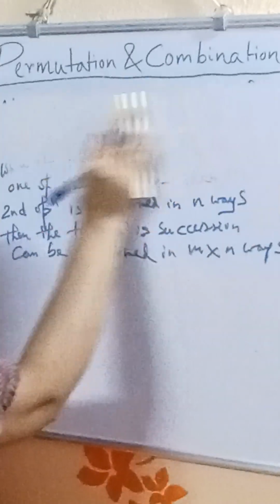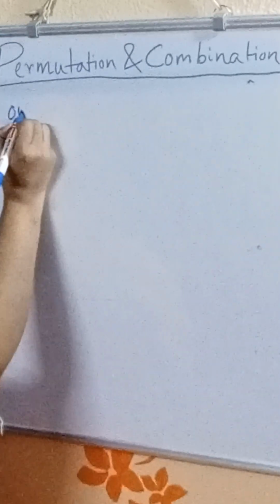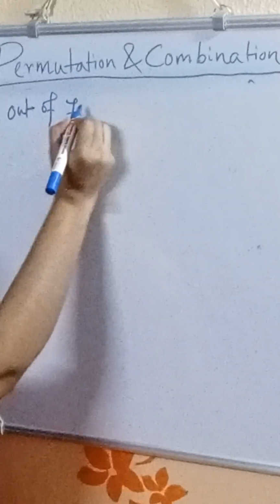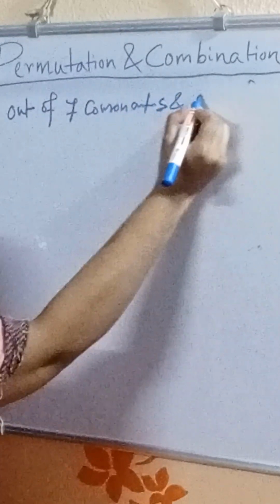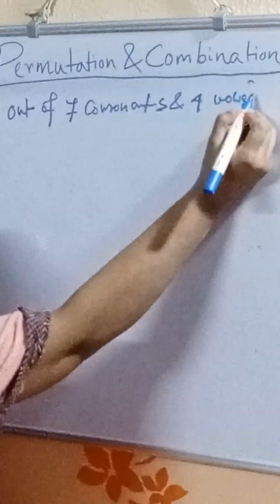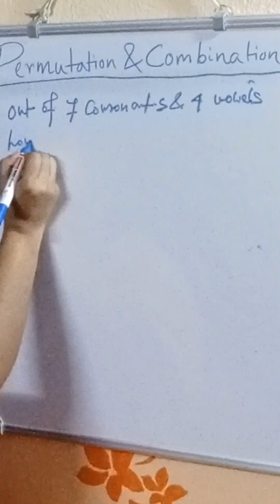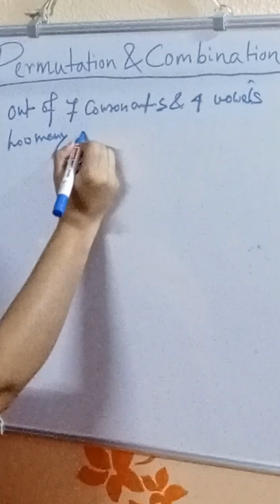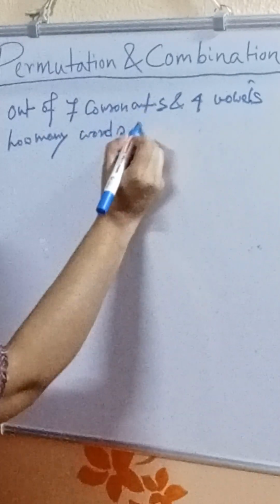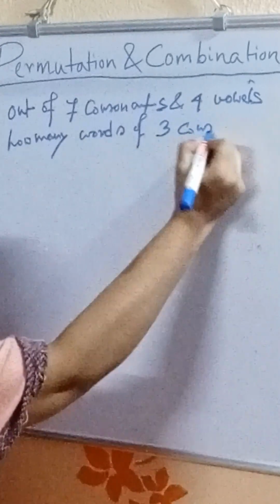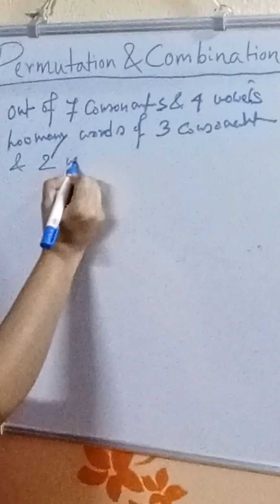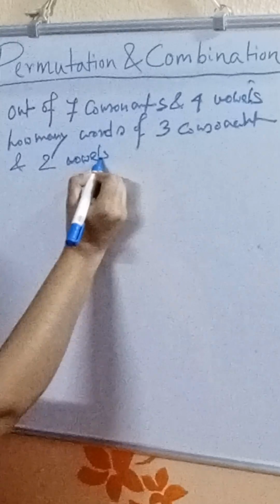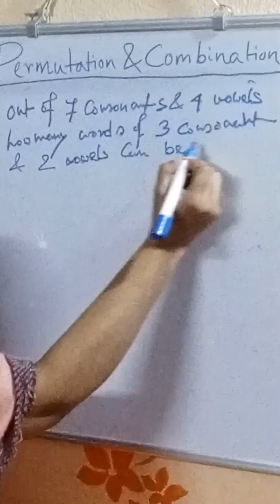Now let us consider an example. Out of 7 consonants and 4 vowels, how many words of 3 consonants and 2 vowels can be formed?